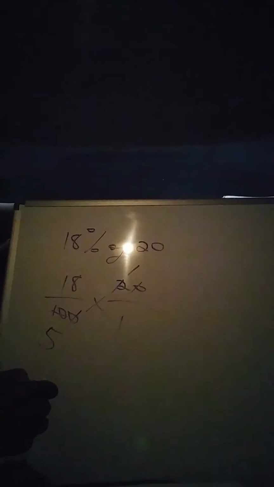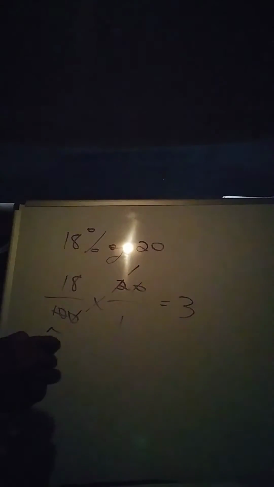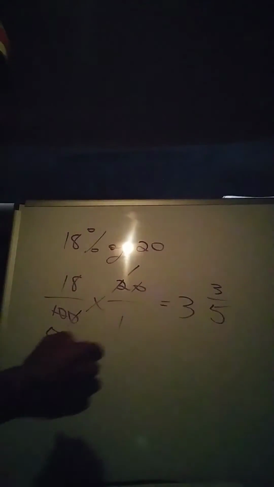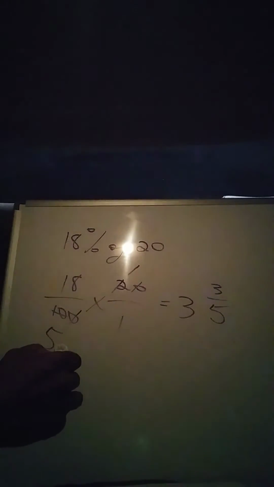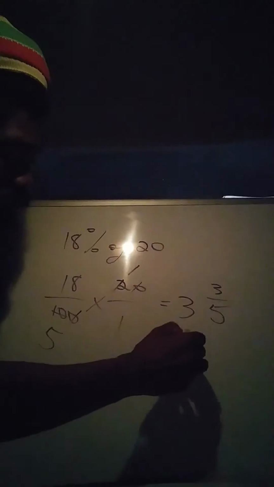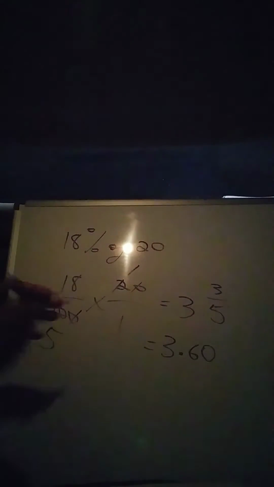What's that going to break down to? 5 goes into 18 how many times? 3 times, and 3 over 5, right? So 18% of 20 is 3 3/5, or 3/5 as a decimal would be 3.60. Okay, 18% of 20 is 3.60, or 3 3/5. Okay, very good.